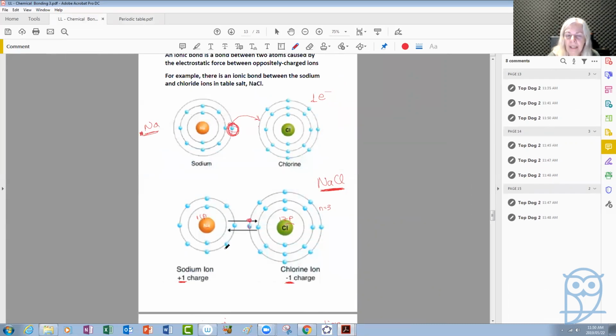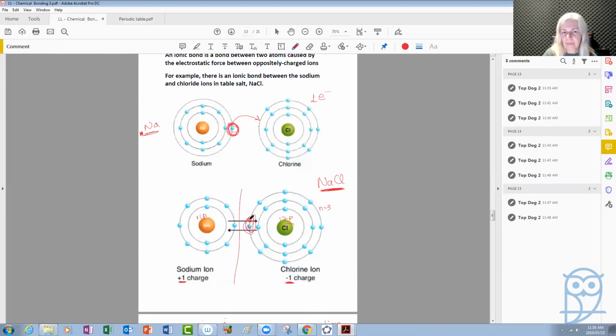no, it's not a common pair of electrons because this electron is attracted so strongly to the chlorine atom that it separates the two. This stays as a positive ion, missing an electron, and this one stays as a negative ion, having gained an electron.